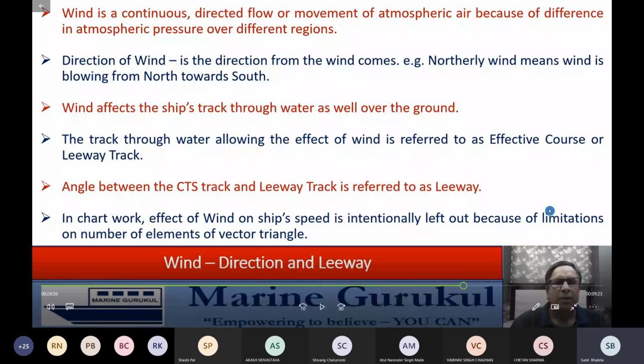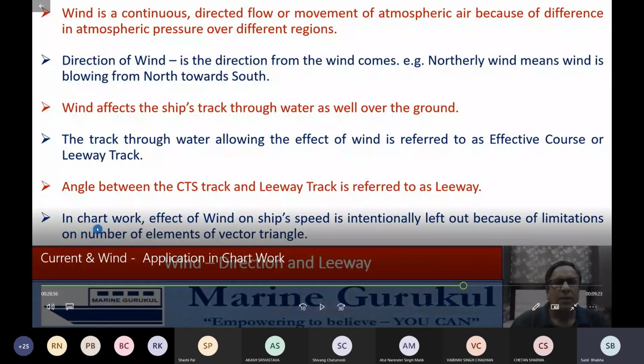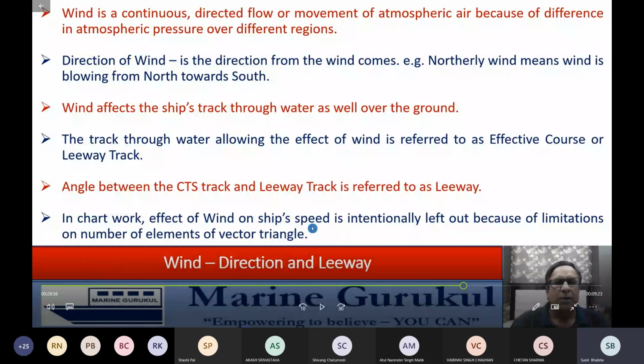Very good. So this is also an important point, beta, the last one. The effect of wind on the ship's speed is intentionally left out because of the limitation on number of unknown elements in the vector triangle.